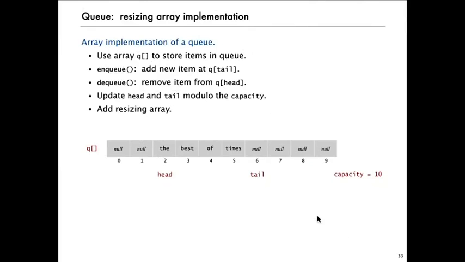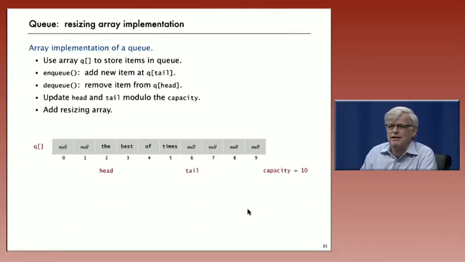Okay, what about arrays? Well, we won't do the details, but it's not difficult to implement queues with resizing arrays as well. Not difficult, but definitely a tricky programming exercise that people are welcome to try. So we'll maintain two pointers, the first item in the queue and the tail, which is the position for the next item to appear.